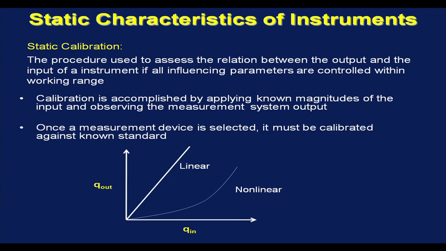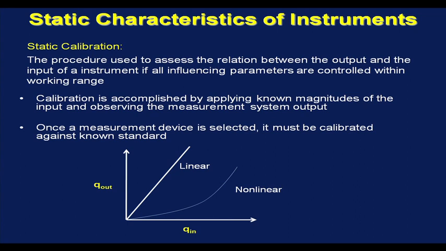Then the one input under study is varied over some range of constant values, which causes the outputs to vary over some range of constant values. The input-output relations developed in this way comprise a static calibration valid under the stated conditions of all the other inputs.